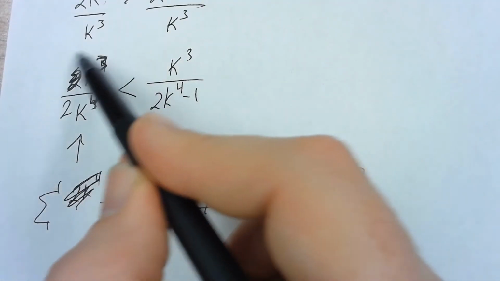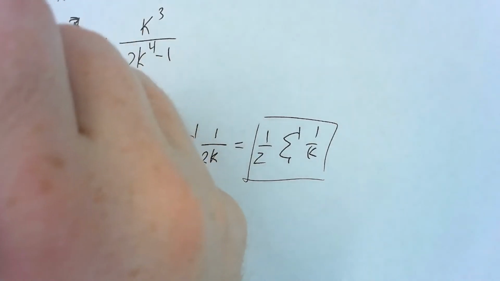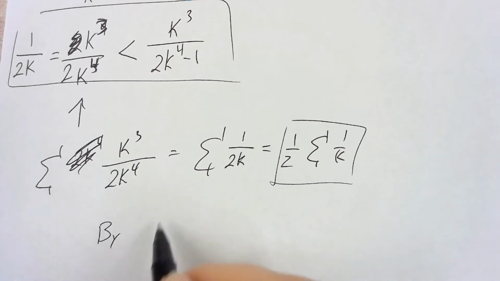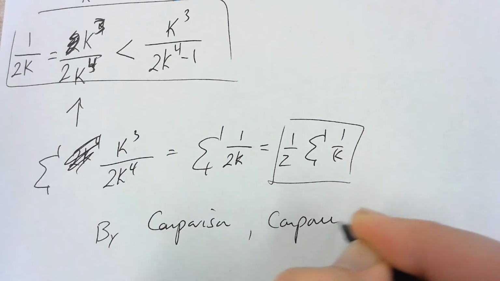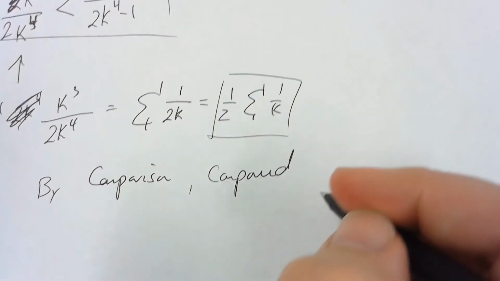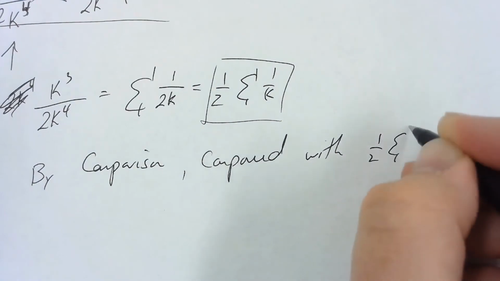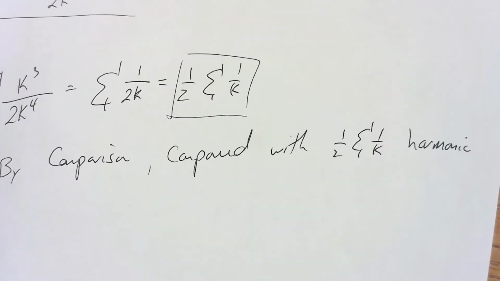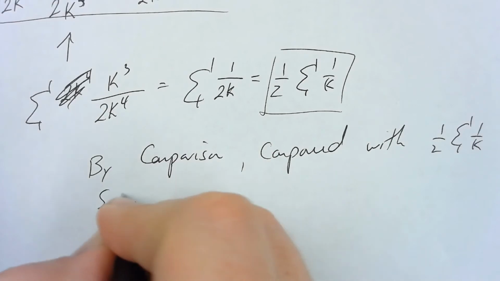Because this term is really the same as 1 over 2k, I can say that, given this statement is true, by the comparison test, compared with 1/2 the series of 1 over k, harmonic, and that is harmonic. It's important for us to know that off the top of our heads. Given that it's compared with a harmonic series, which I know to be divergent.